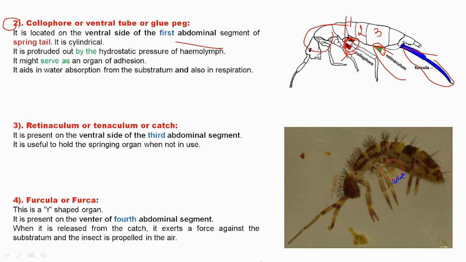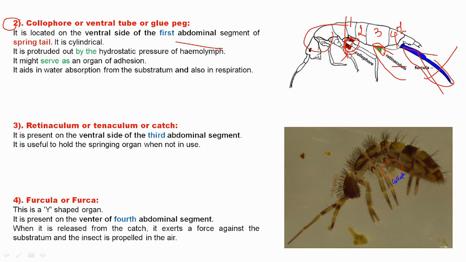Next, we are going to discuss the furcula or furca or springing organ. It is a Y-shaped organ. It is present on the ventral side of the fourth abdominal segment. When it is not in use, it is held by the retinaculum or catch we already discussed.